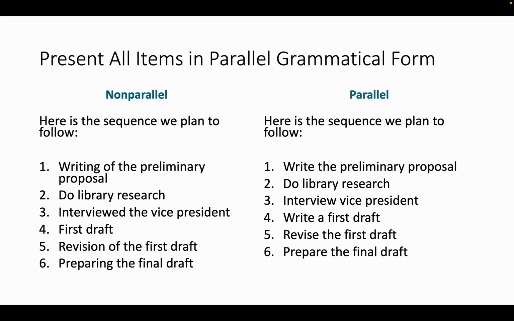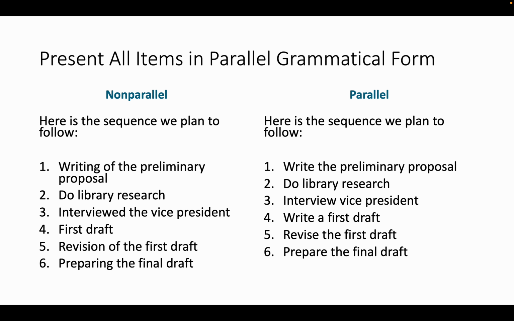Make sure that when you are writing lists that you're using parallel grammatical form. So for example, the list on the left is not parallel. We can see that there are different verb tenses and different structures in how it's done.